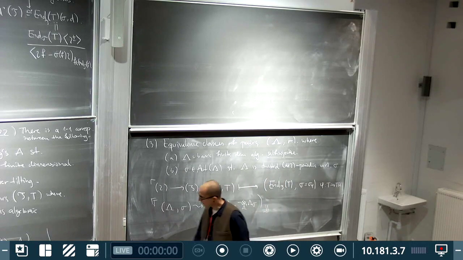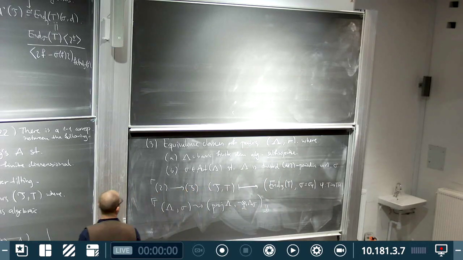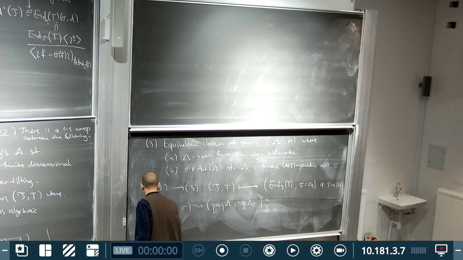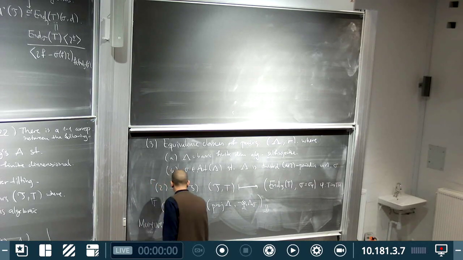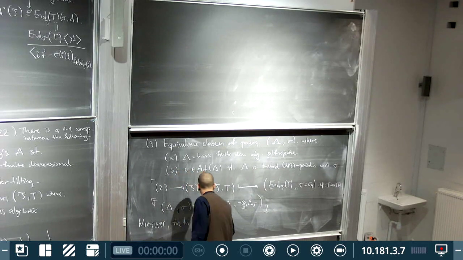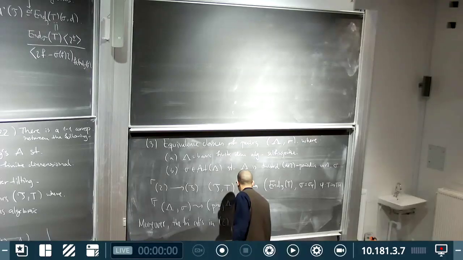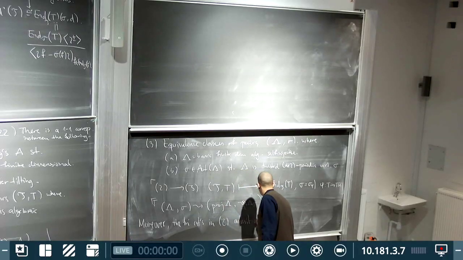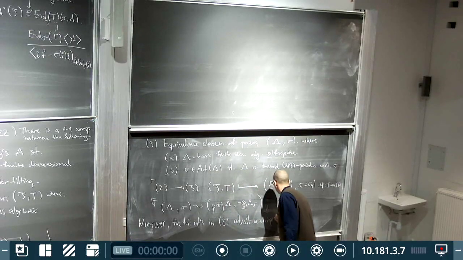Right. Okay, so that is the theorem. Moreover, the triangulated categories in 2 admit a unique DG enhancement.